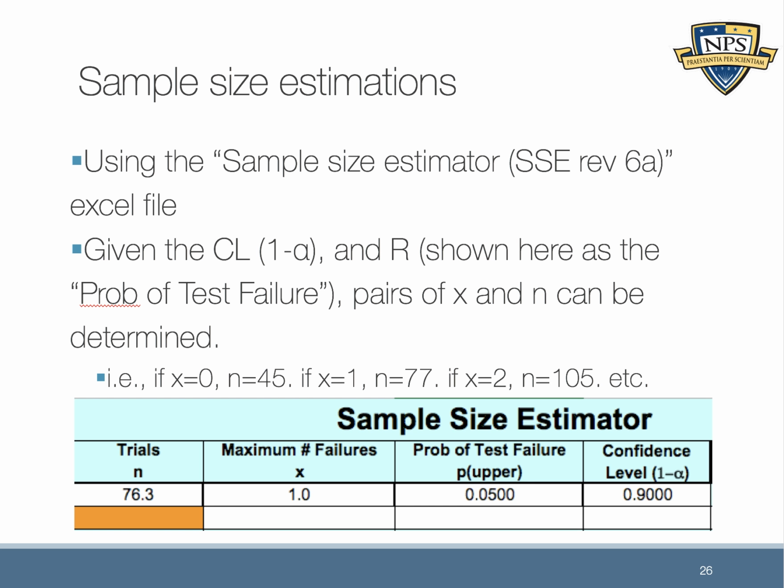So I've got a spreadsheet called the Sample Size Estimator SSE Rev 6A, which is provided for you guys in Sakai under Resources under Module 2. This is a sample size calculator. It's a little bit of a misleading title because you can actually use it to determine a couple of different things.